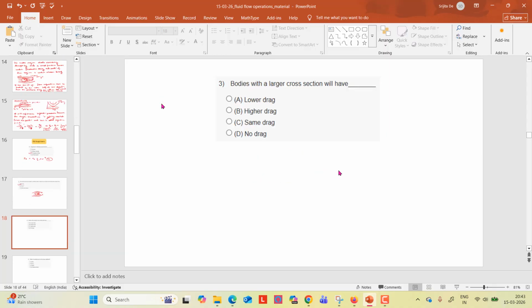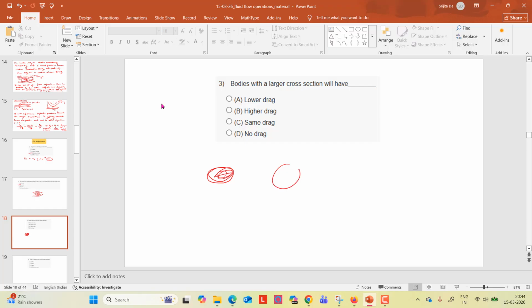Next, bodies with a larger cross section will have: lower drag, higher drag, same drag, or no drag. So larger cross sectional area, that means like this.